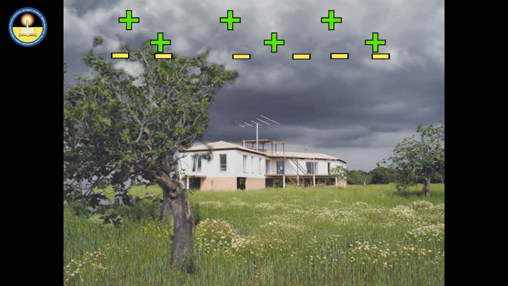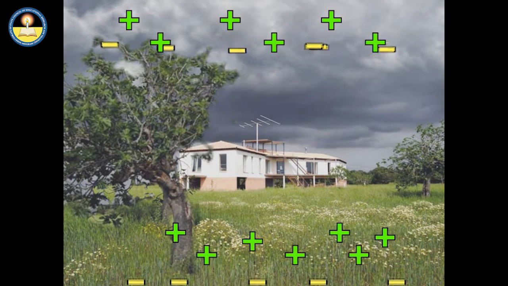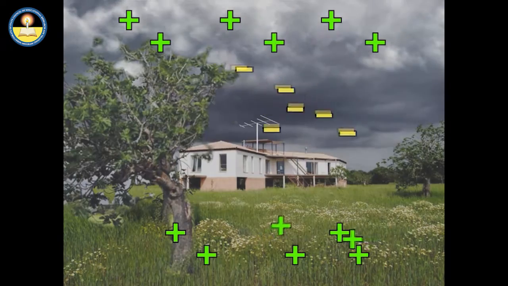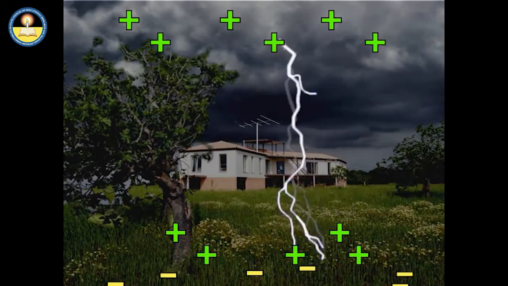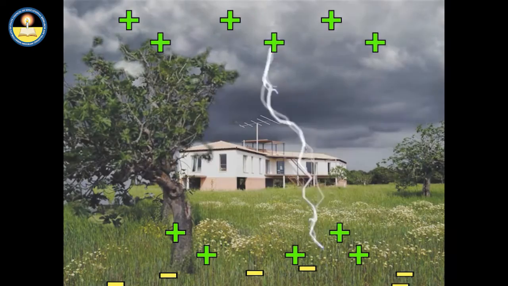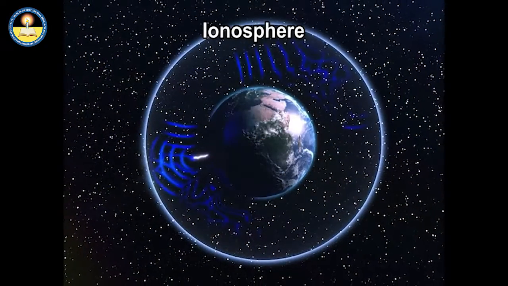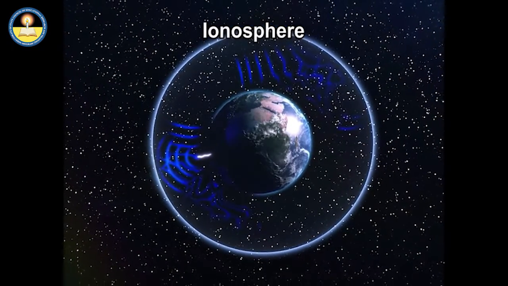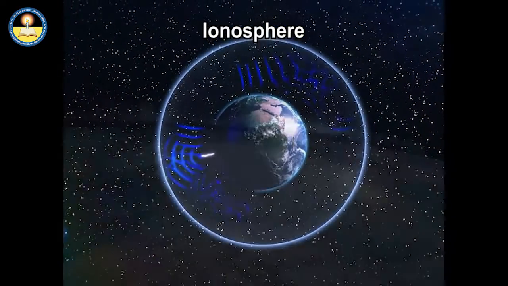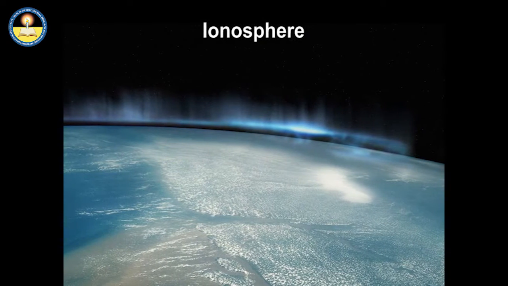The same thing may also happen between a charged cloud and the ground. Ionosphere in our atmosphere is another example of an extremely high potential.